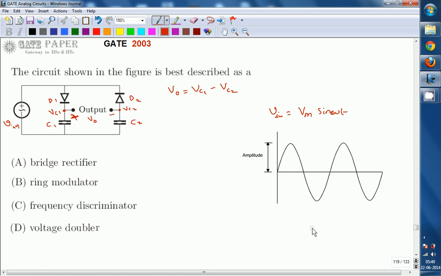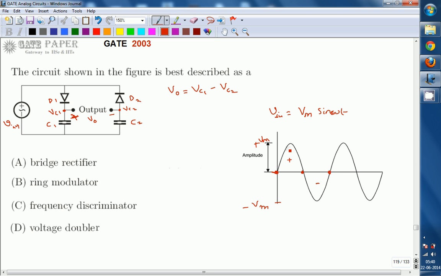The highest peak is plus Vm, and the lowest peak is minus Vm. It has two half cycles, one we can call the positive half cycle, the other the negative half cycle.